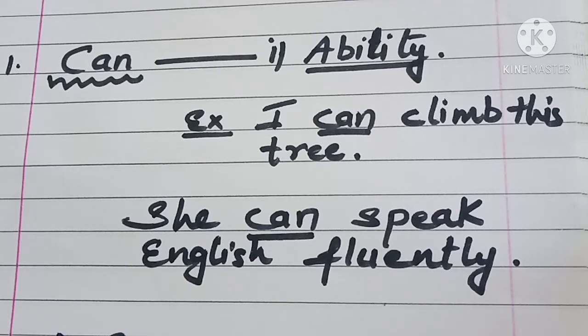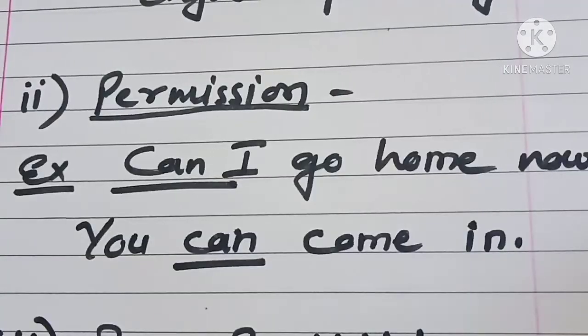Now the next use of can is to express permission. Whenever you seek permission, you are asking a question, and for that you use a number of things. The easiest thing is to use can.